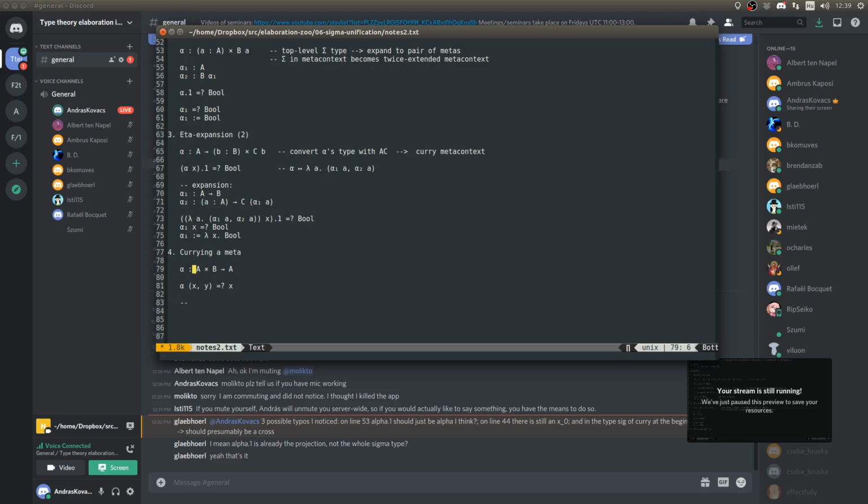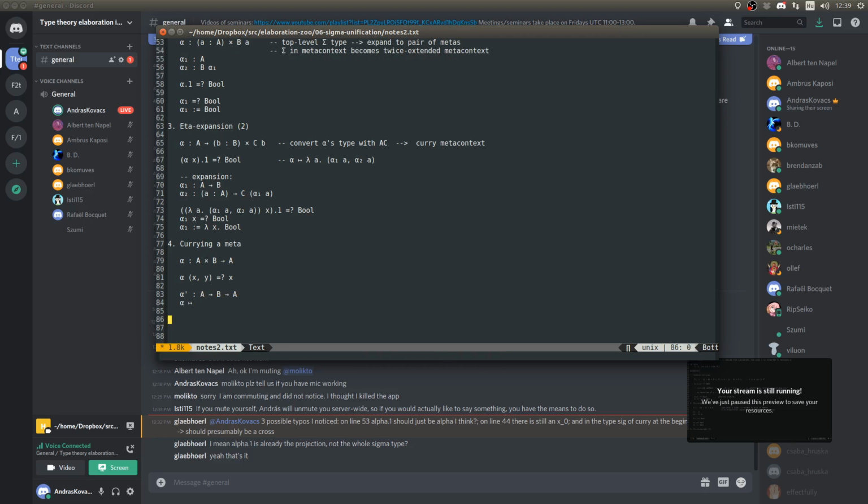And then here the solution is just we can curry alpha by removing the sigma from the argument of alpha. So we have kind of an alpha prime, which is type A, B, A, and the old alpha is solved to be just a curry, just to be lambda A, B, and then sorry.